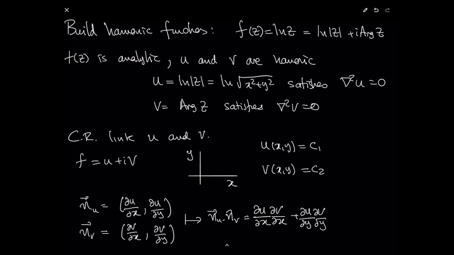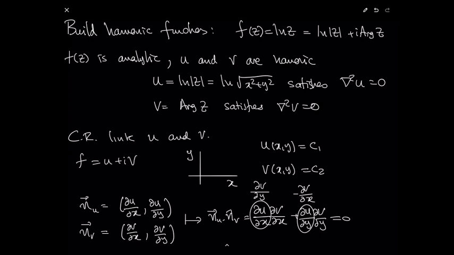But now let's apply the Cauchy-Riemann condition. The Cauchy-Riemann condition tells us that this thing is equal to dv dy, and that this thing is equal to minus dv dx. But look at what we get. We get dv dy dv dx minus dv dx dv dy, which is equal to 0.